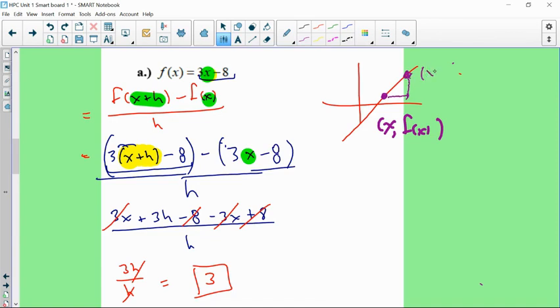That new point is x plus h, and then here's f of x plus h. So if I'm basically finding the slope between these 2 points, and your function's linear, there's no surprise that the slope between these 2 points is going to be equal to the slope of the line, which is 3. So that's a good check for problems that are linear.